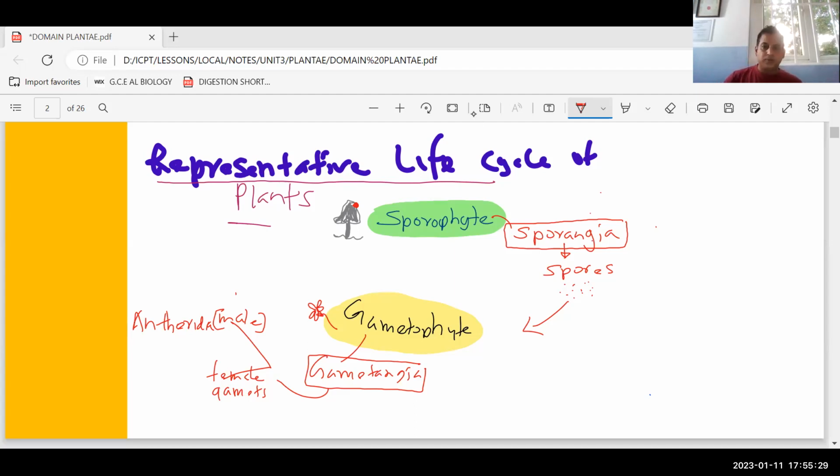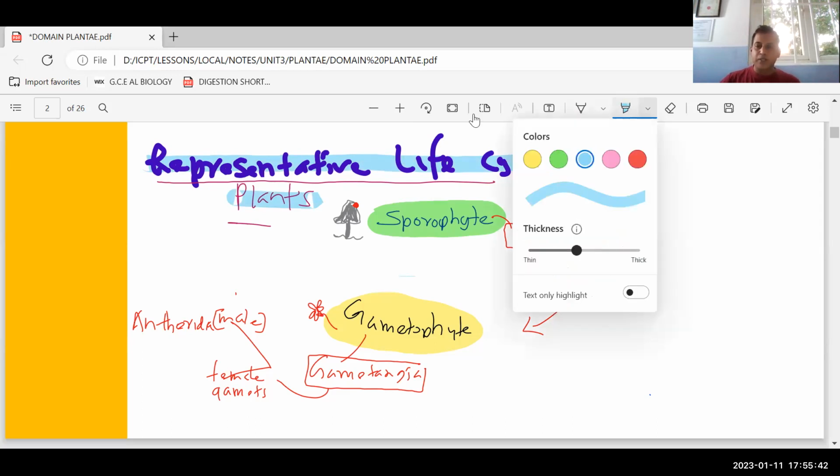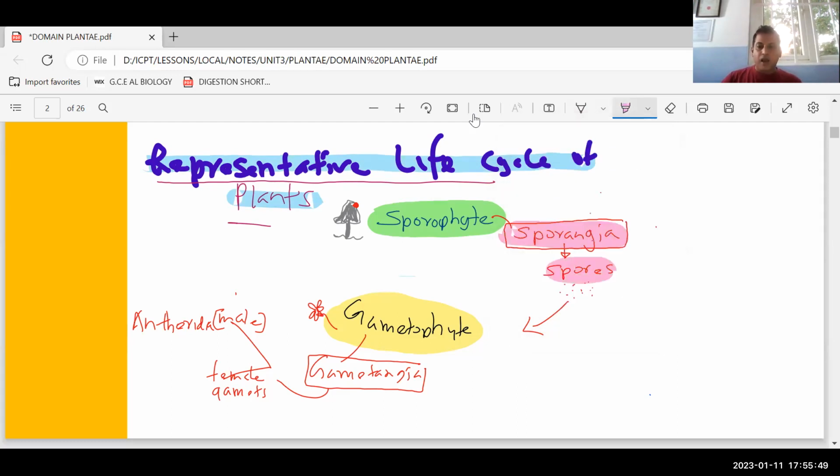Okay, so again, we try to learn the representative life cycle of plants, and there are two main stages: sporophyte and gametophyte. Sporophyte produces spores in the structure called sporangia. After that, spores develop into the gametophyte stage.